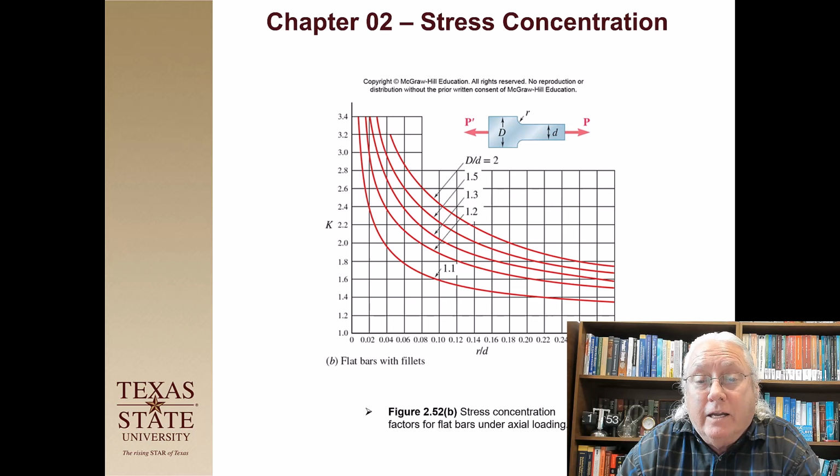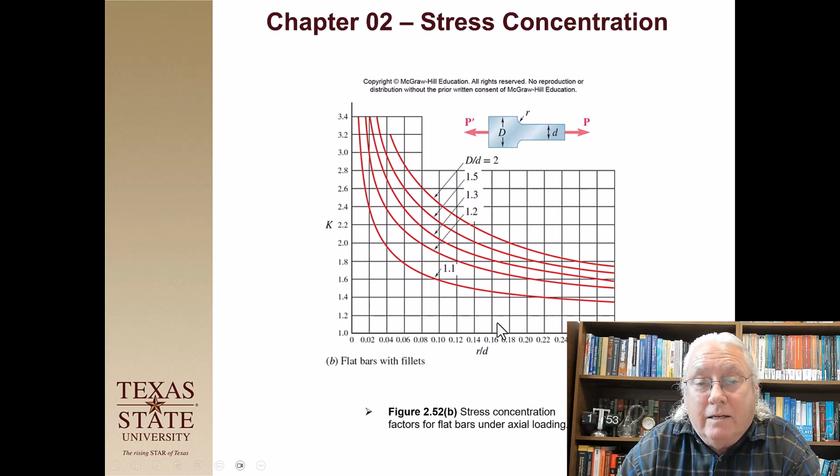So if I start here at 0.14, I go up and I find this point right here, which is big D over little d is 1.5. Then I move over to the left and pick off my K factor. So you can see it depends on the ratio between big D and little d, and it depends on the ratio between little r and little d.